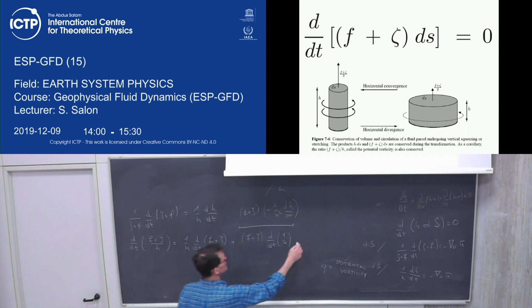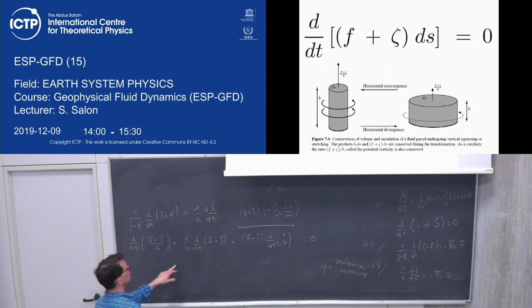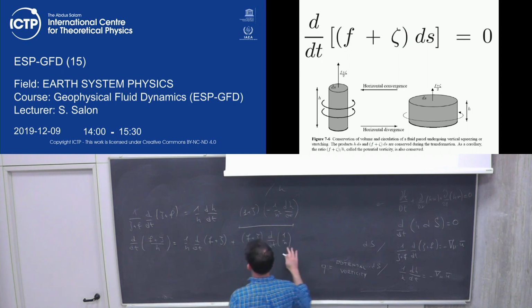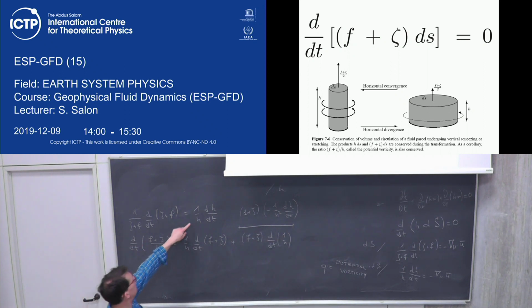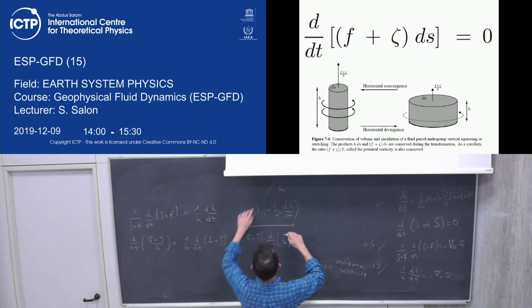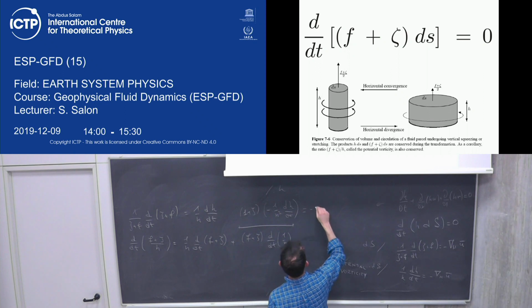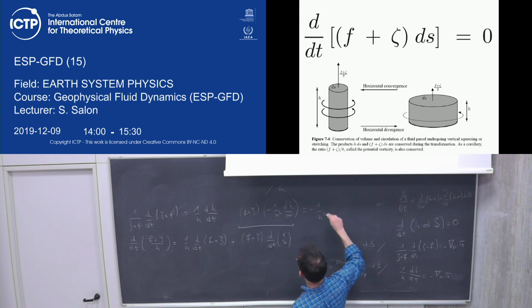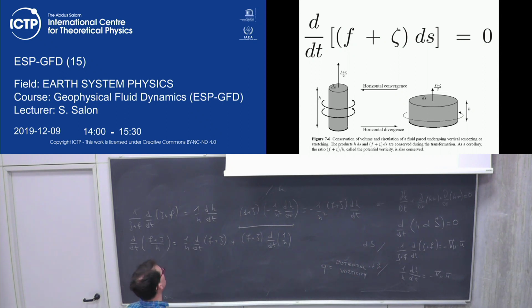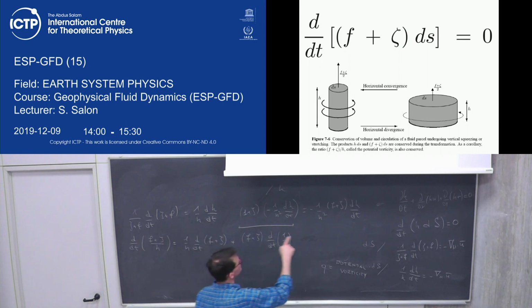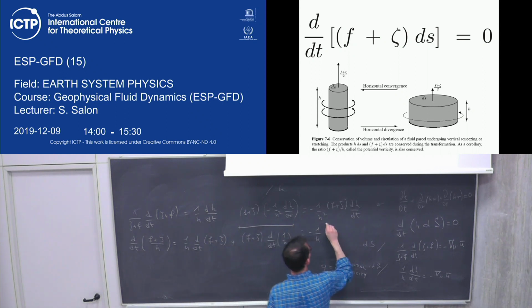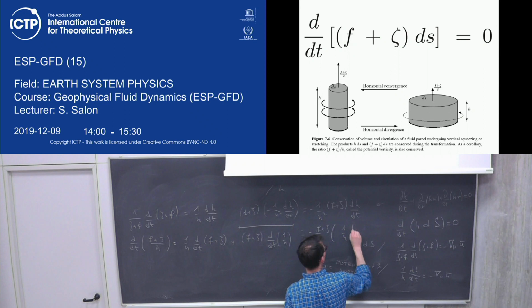So since this is equal to 0, we have minus 1 over h squared.